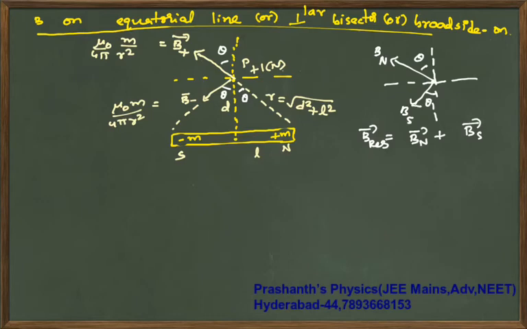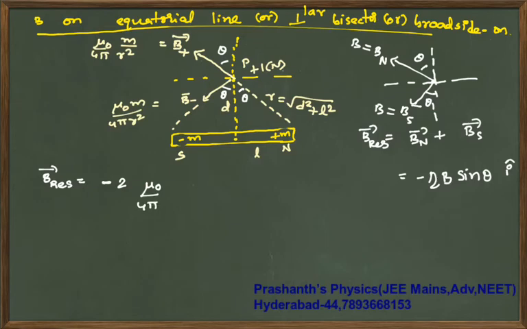When vertical components cancel off, you are going to get minus 2 times B into sin theta. If you assume this as some B, this is also B. So minus 2B sin theta. So your resultant B is minus i cap, along the negative x-axis. So minus 2 times, what is B?